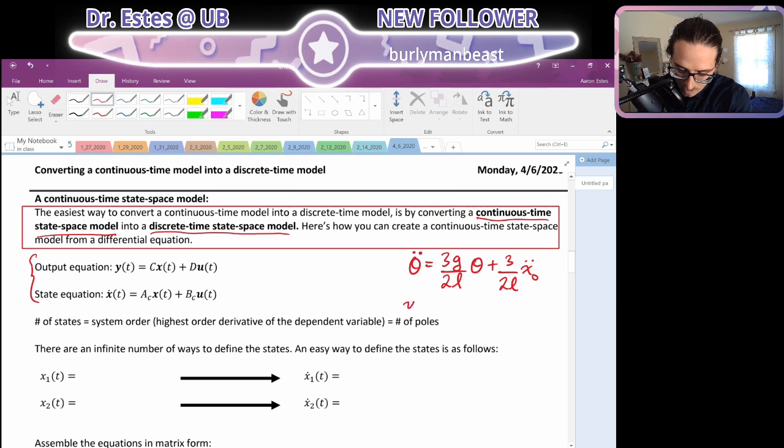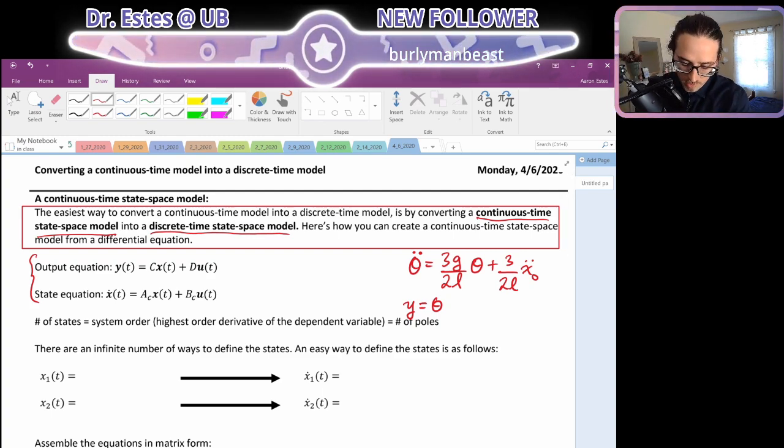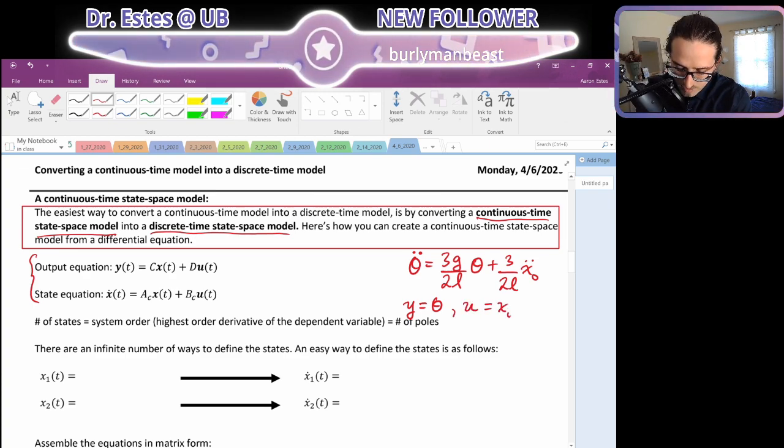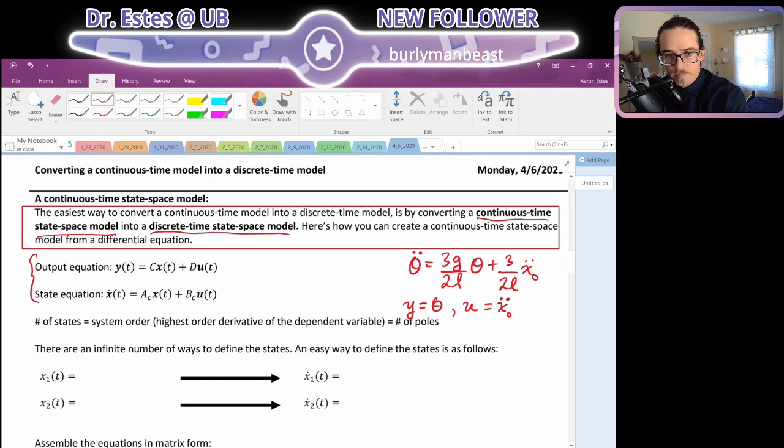We're going to define our output y to be theta. So that's going to be like we're using a rotary encoder to measure the angle of the pendulum. And we're going to say that u is the acceleration of the base. So u is our input.